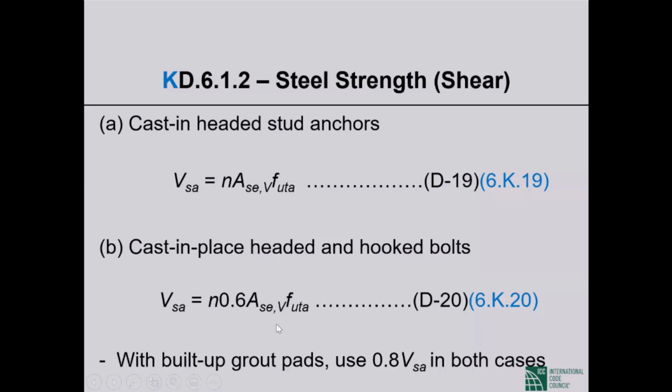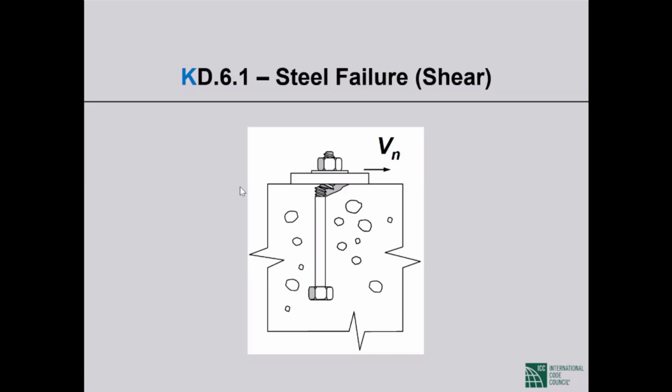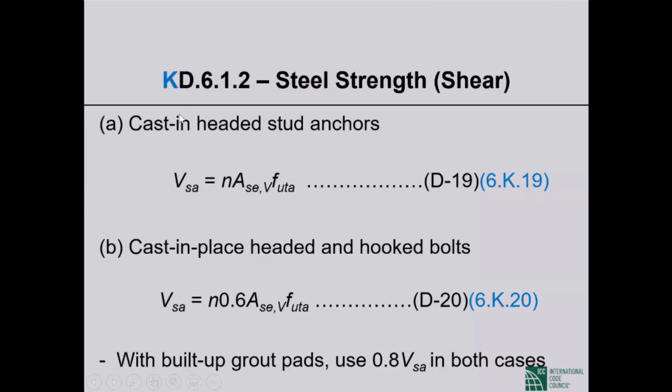So you would, I think, expect a reduction, but based on testing and observations for headed studs, there is no reduction. So we multiply by full F sub UTA, without a reduction. I want you to pay attention to that.